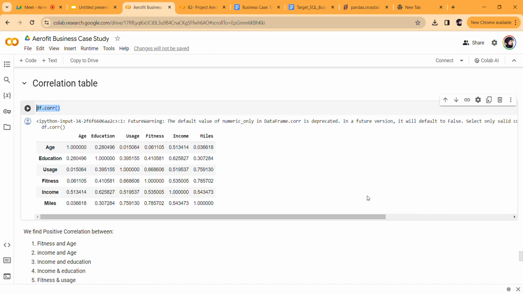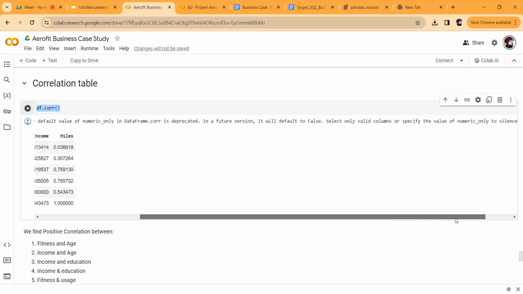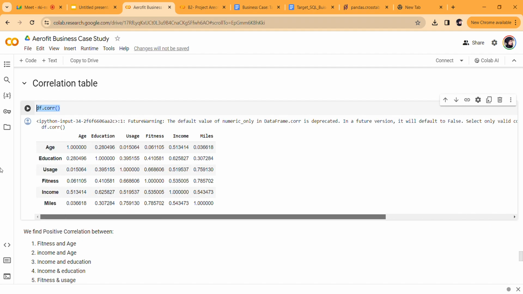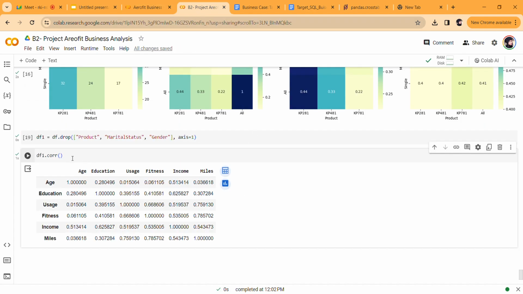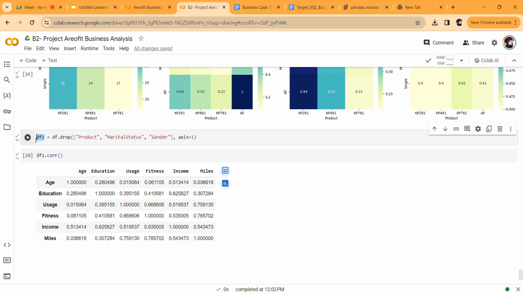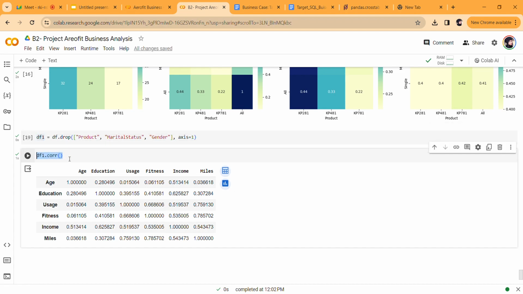In the future version it will default to False, so select only valid columns. At that time it was in the process of upgradation. Now it is upgraded, so I am not able to write corr directly including the strings. So I dropped the string columns by axis=1, stored the remaining in df1, then called corr, and we are able to see the correlation table.